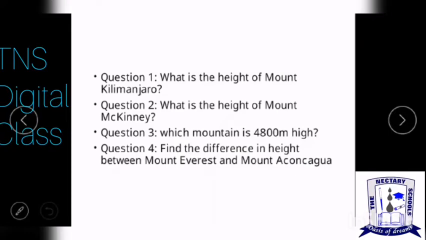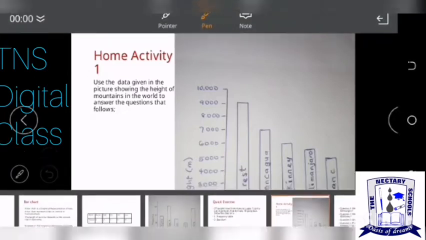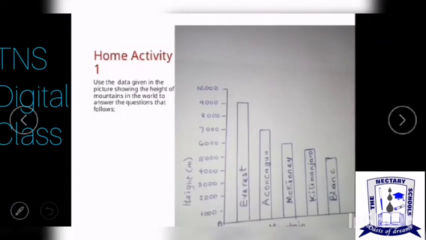Question 1 says, what is the height of Mount Kilimanjaro? That can easily be determined by using your hand or your ruler to trace the bar of Kilimanjaro, to know which height it falls on.